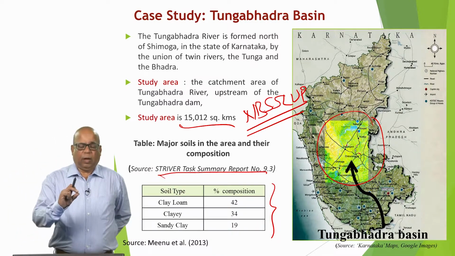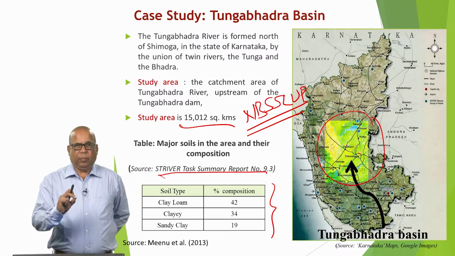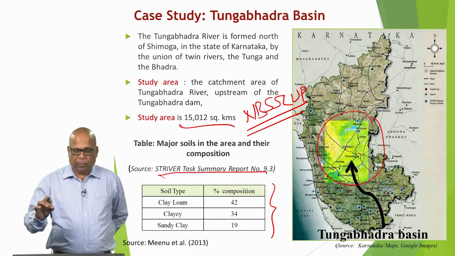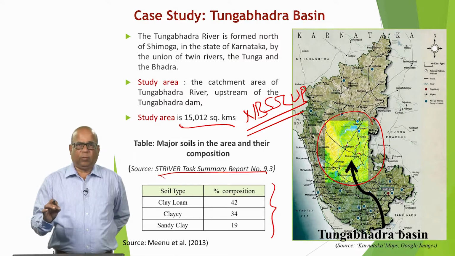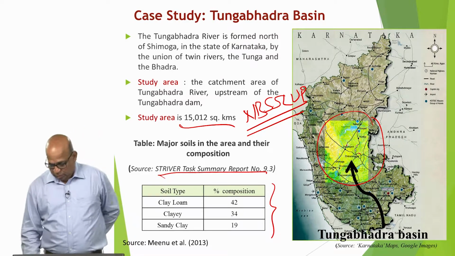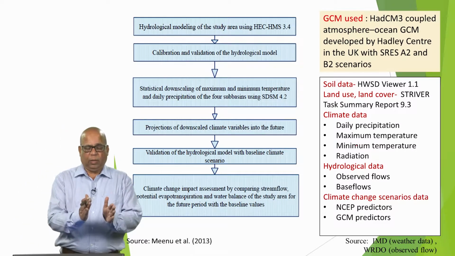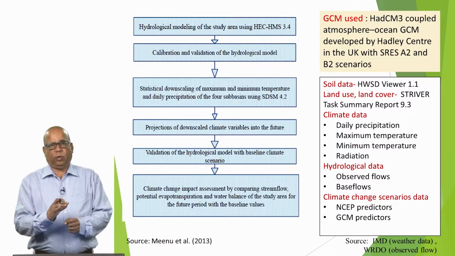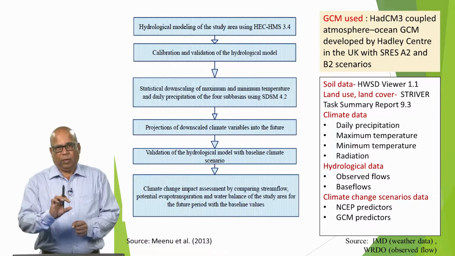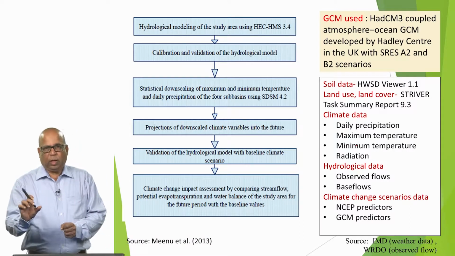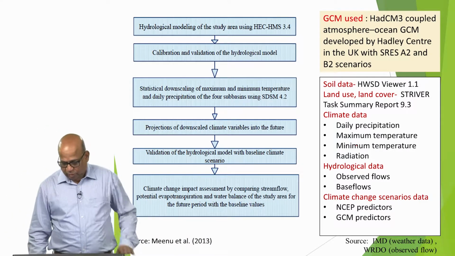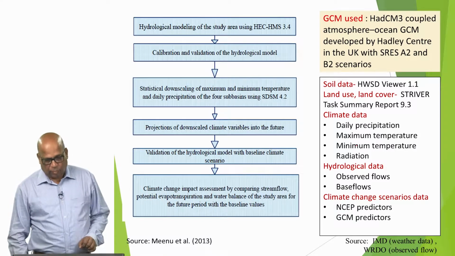That means, we have the model parameters, we calibrate these parameters such that we are able to simulate the observed stream flow to the best extent possible. That is called calibration. And then we also do the validation by removing part of the data that the model has not seen, and then we allow the model to run during that period and validate the results. So, these are details of calibration and validation.